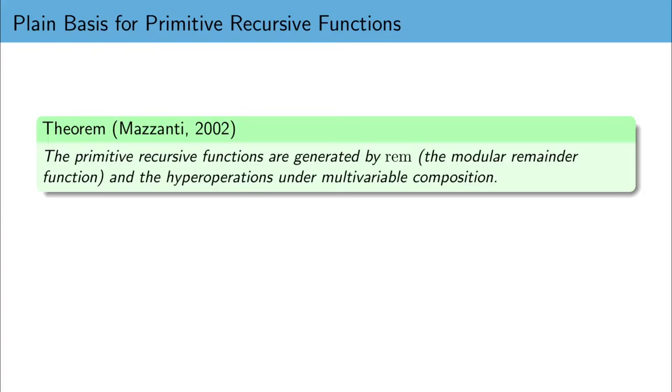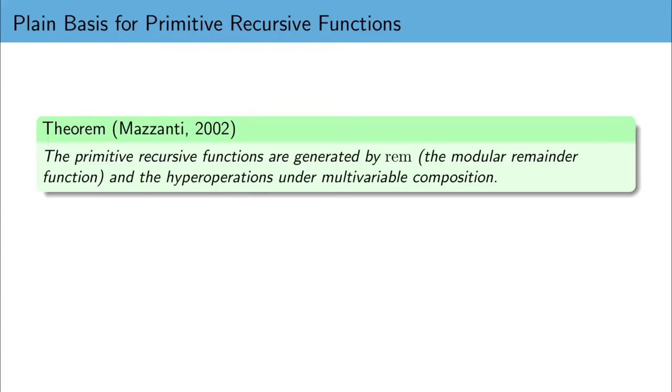The result is that the primitive recursive functions are generated by the modular remainder function and the hyperoperations under multivariable composition. That is, given a primitive recursive function, we can write an expression for it involving just rem and hyperoperations and the input variables. Mazzanti and some other sources call this sort of composition superposition, but I just like to call it multivariable composition or just composition, right?